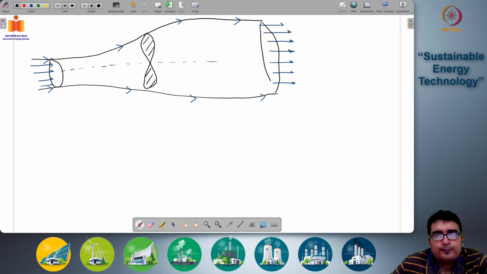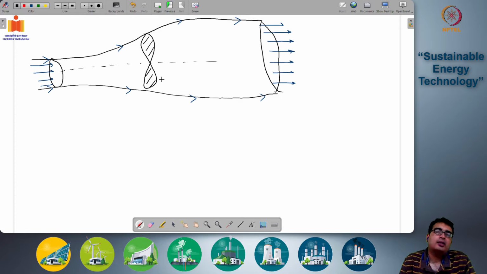So this is basically your streamlines that are moving through the swept blade area from upstream side to the downstream side. Okay, so we will see why there is a change in the cross section.